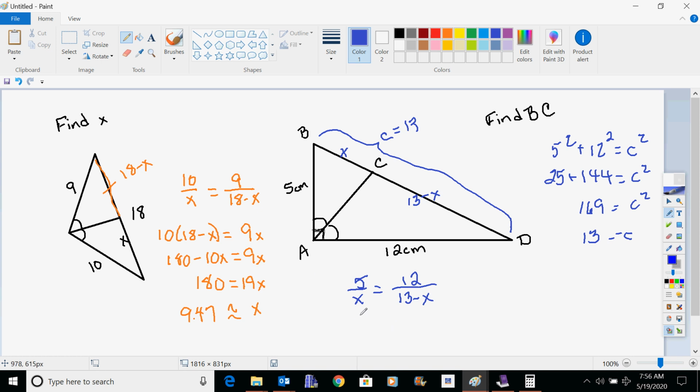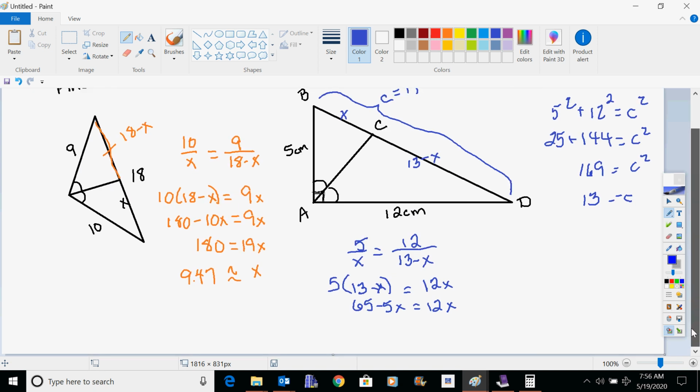Then we can cross multiply. So we have 12x across this way. 5 times 13 minus x. Sorry about that. 5 times 13 is 65 minus 5x equals 12x. Add 5x to both sides to get 17x equals 65.